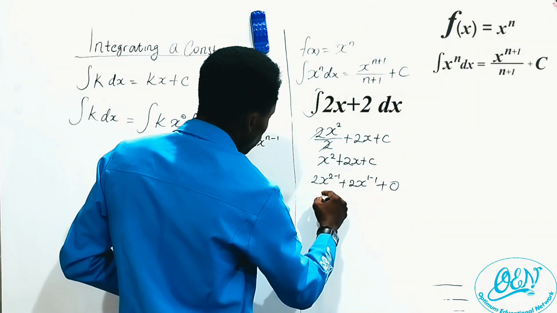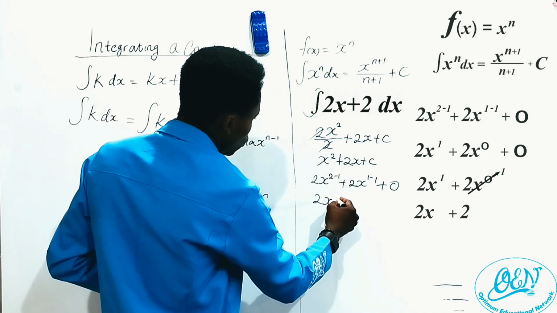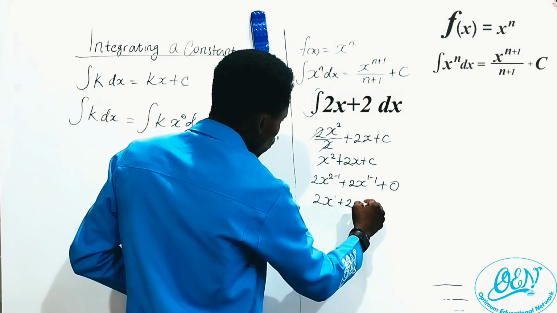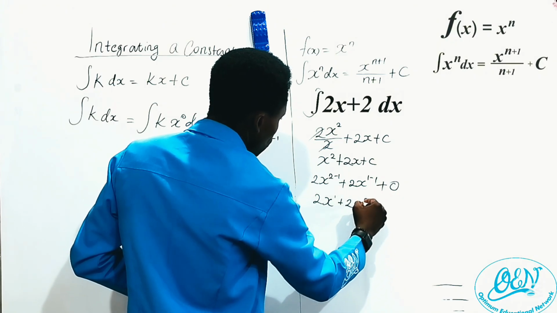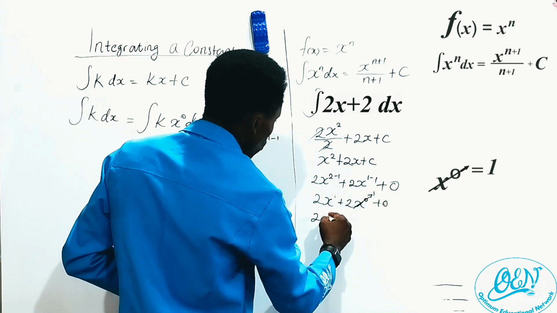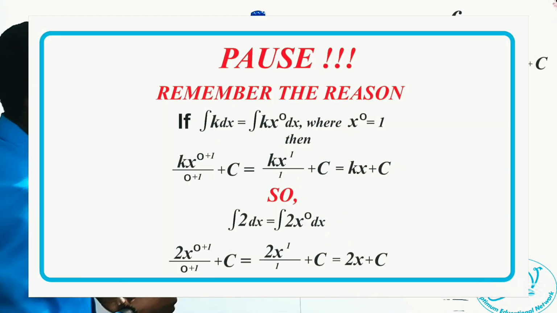This will give us 2x, 2 minus 1 is 1, so we'll have 1 plus 2x to the 0, so this is going to give us 1 plus 0. So we come back to what we had before, 2. So this is what we have.